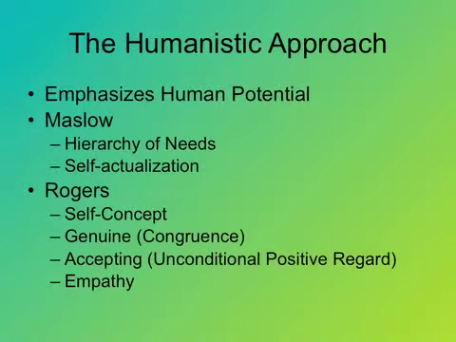Rogers would say that if you are true to yourself, you're empathetic towards others, and you're accepting of people despite their faults, that you will flourish as a human being. And so whether you take Maslow's approach or Rogers' approach, the humanistic perspective is saying that our personalities come from our quest to be the best person that we can be.